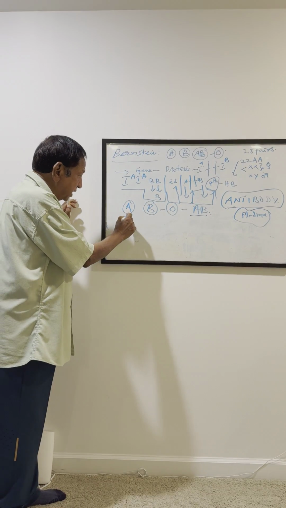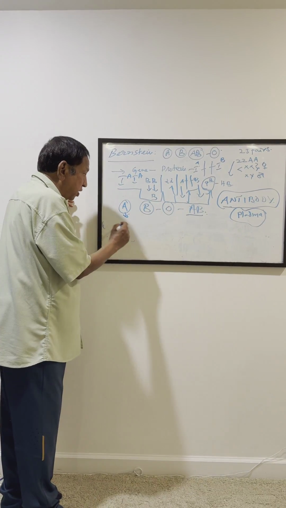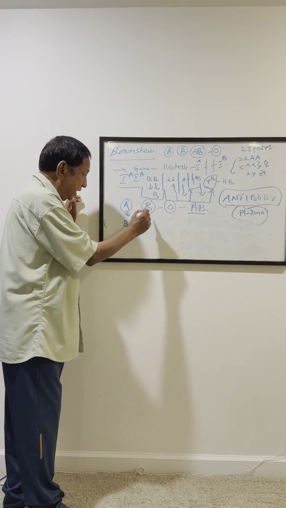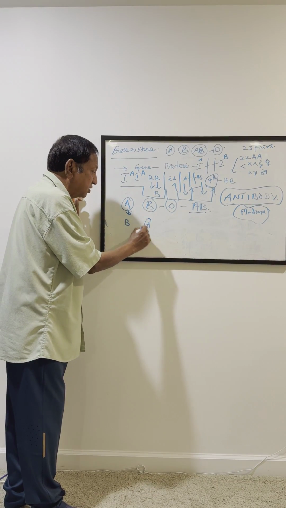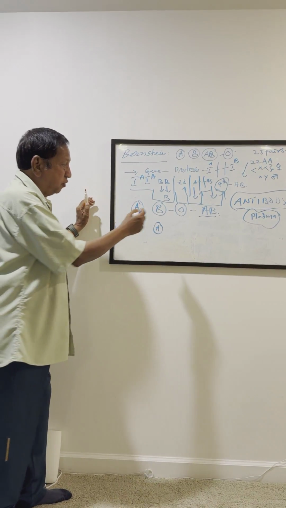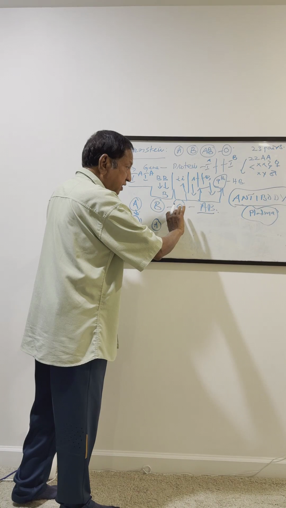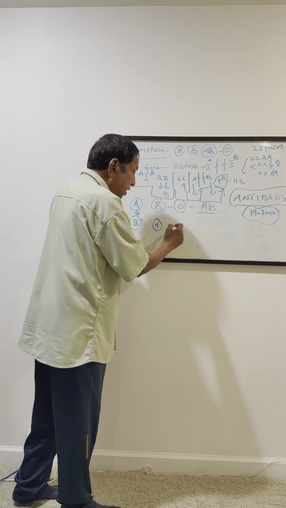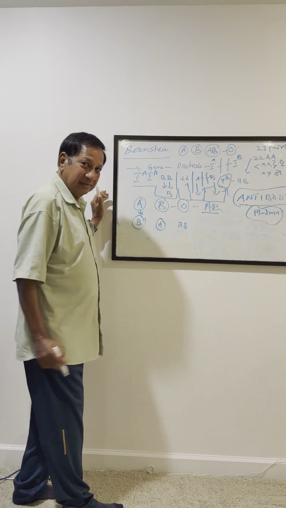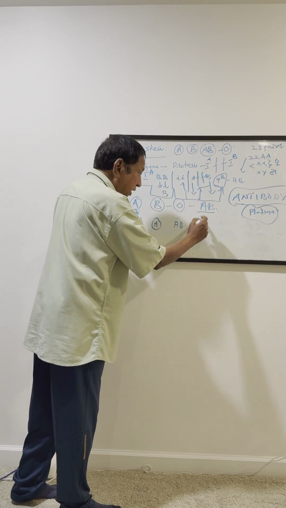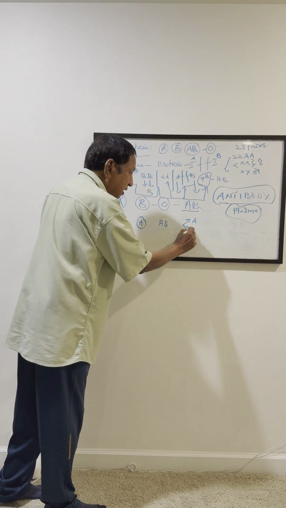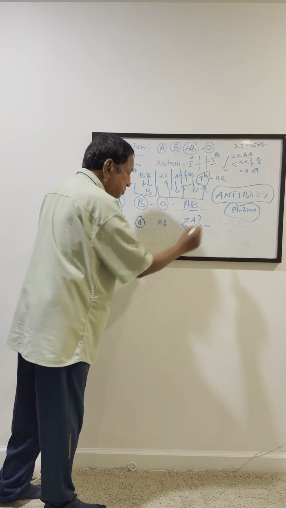For A antigen, the antibody is B. For B antigen, the antibody is A, just the opposite, anti. Now for O group, they have neither antigen A nor B, but they have both antibodies A and B. For AB, they have neither antibody A nor B, which means both antibodies are absent.